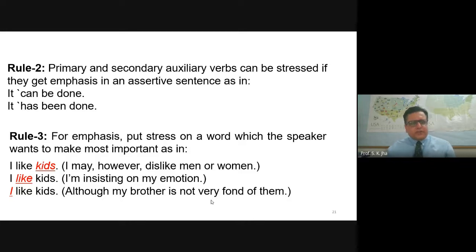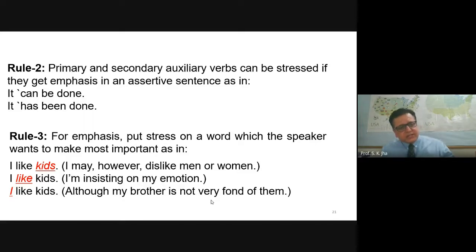Similarly, rule 3 is for emphasis: you can put stress on a word which you want to make most important. So here you have the same sentence, but with different emphasis. I like kids. So I'm giving stress on kids. Why? Because I may, however, dislike men or women.